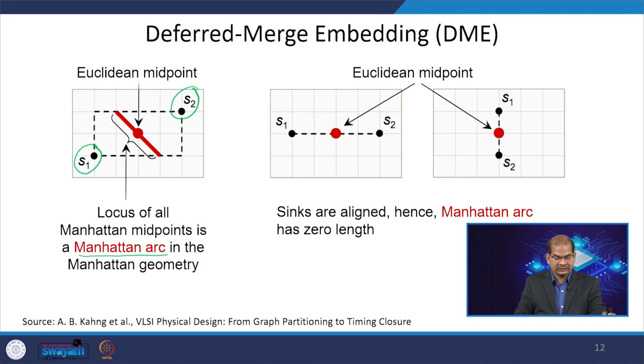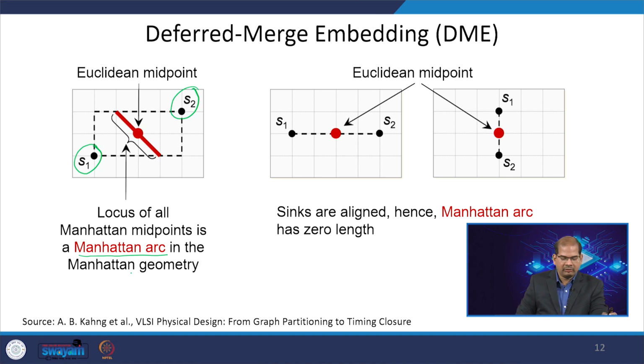Because the locus of all the Manhattan midpoints creates the Manhattan arc. For example, from S1 to S2 I can connect in multiple different ways. All the routes pass through this red line, and the red line contains the midpoint of each routing. So, this red line is called the Manhattan arc.